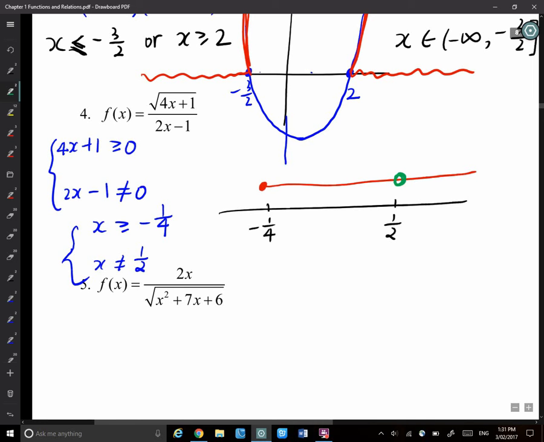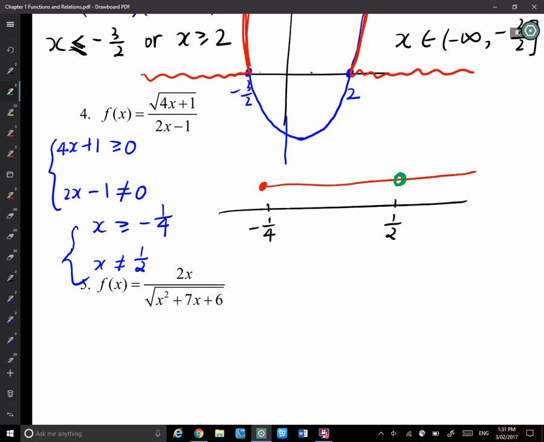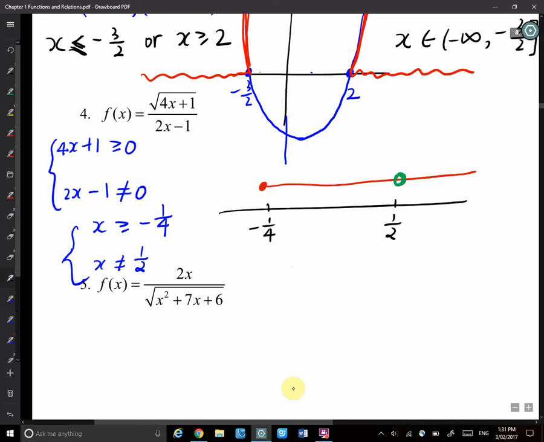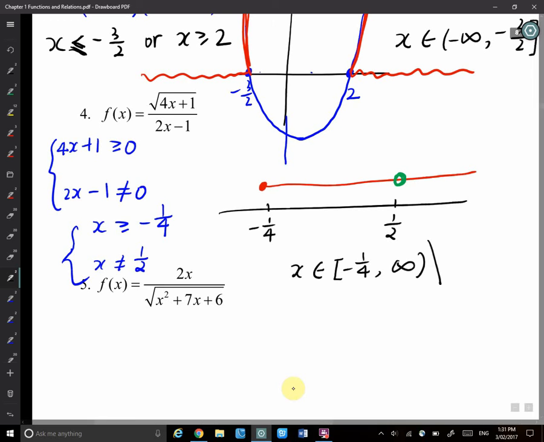So I have two ways to write my set notation. The first one, I can write x belongs to from negative a quarter to infinity, except, exclude a single value, which is a half. This must be in the curly bracket.